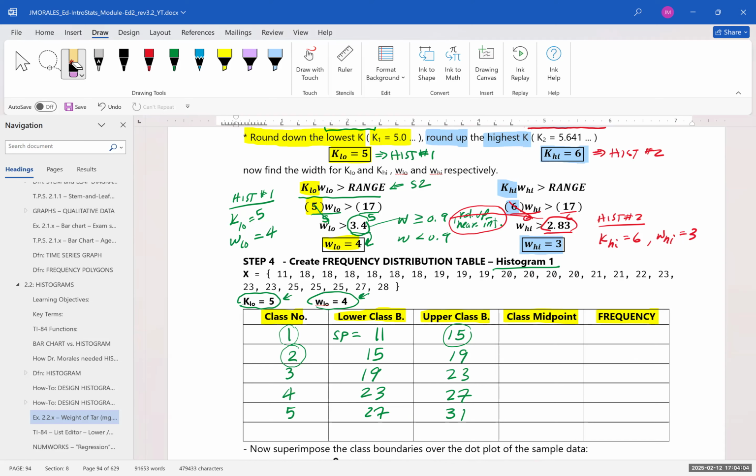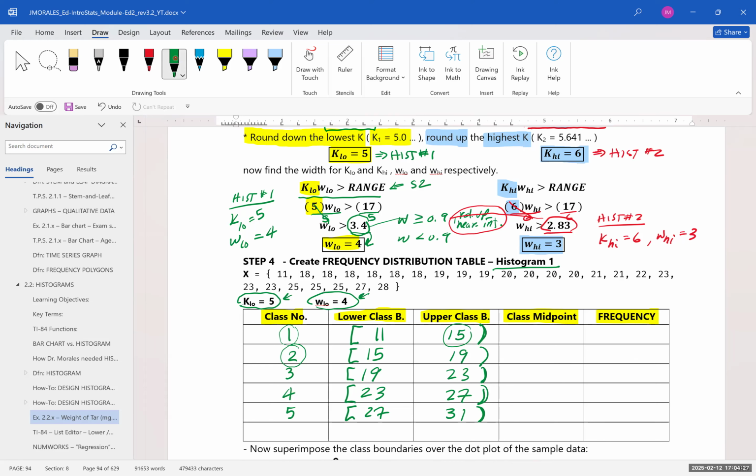So now we have the lower class bound and we have the upper class bound. And the way that we're defining these intervals is we're putting a left bracket here and a right parenthesis there. Left bracket, right parenthesis, for each of the classes.